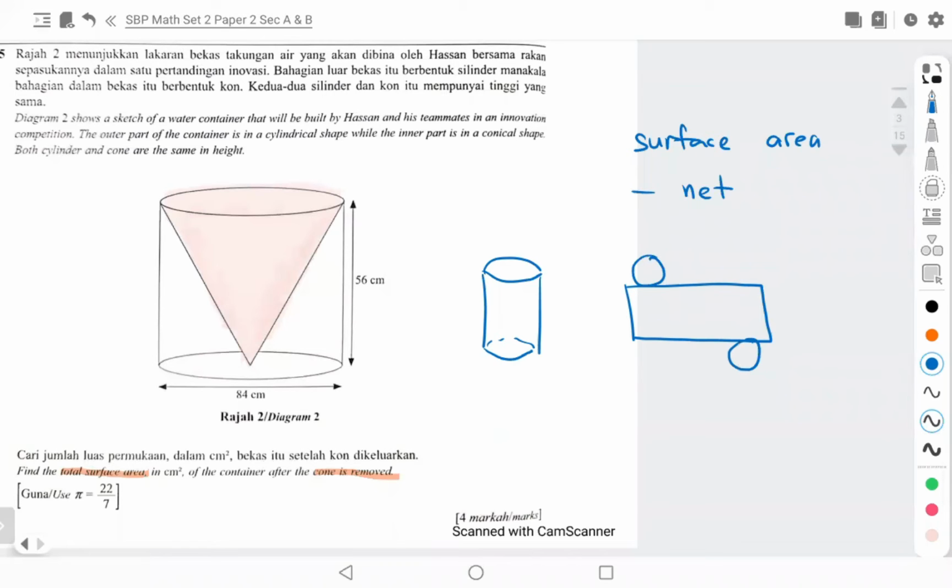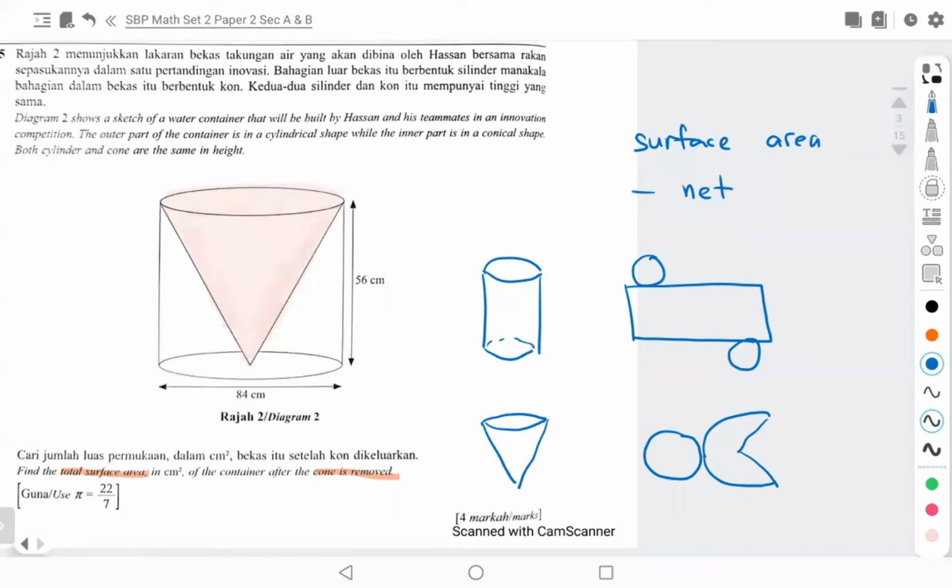Whereas for the cone, if you buka baju dia, the net becomes a circle with a fragment like this. So this is the net of the cylinder and also the cone.